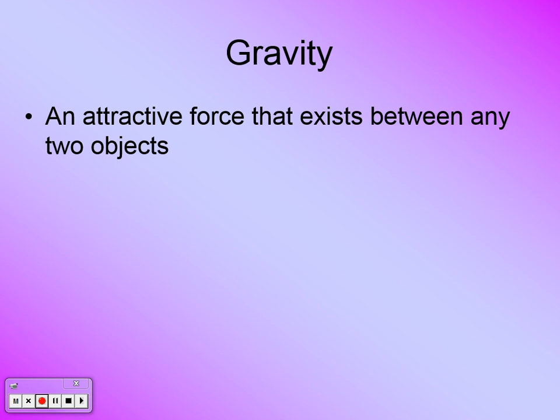We think about gravity a lot of times as something that the Earth does to other objects. But really, gravity exists between the Earth and that object, or that object and some other object, or the Earth and the sun. You have to have two things in order for gravity to work.